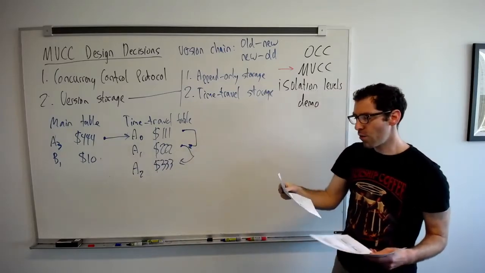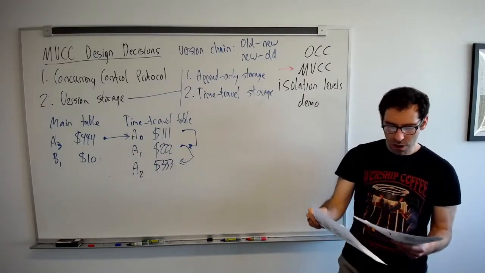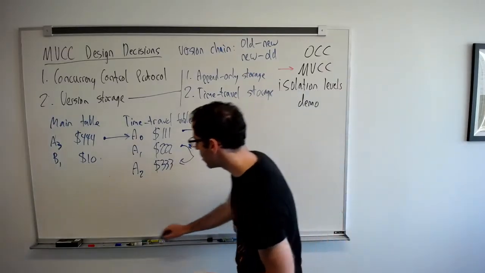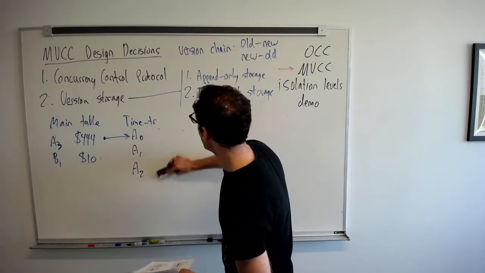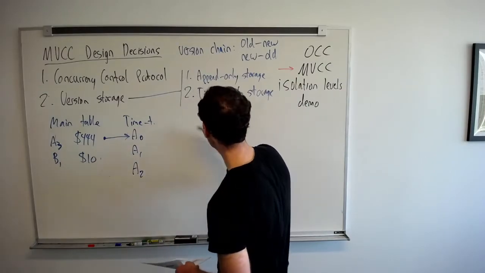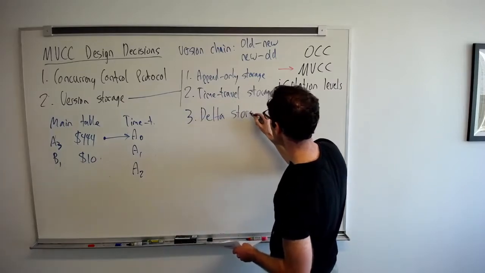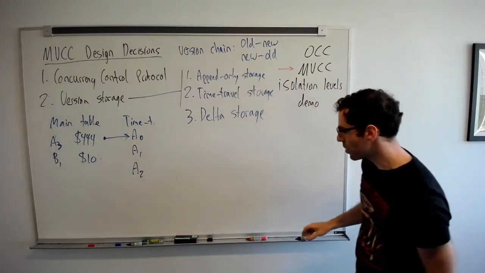One variation on our time travel storage is what is called delta storage.